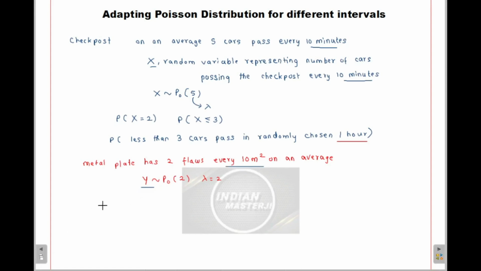But if they ask you the question, find the probability that more than 2 flaws are there in a randomly chosen 100 meter square metal plate.